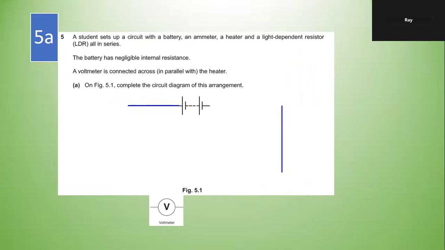Students set up a circuit with a battery, an ammeter, a heater, and a light dependent resistor, all in series. The battery has negligible internal resistance. The voltmeter is across, in parallel with the heater.